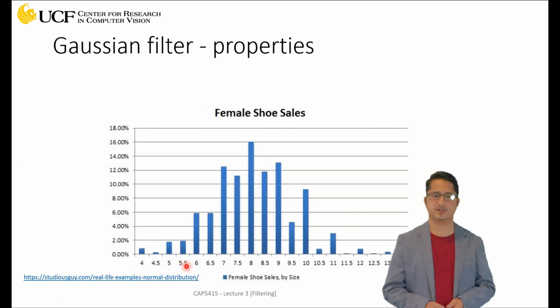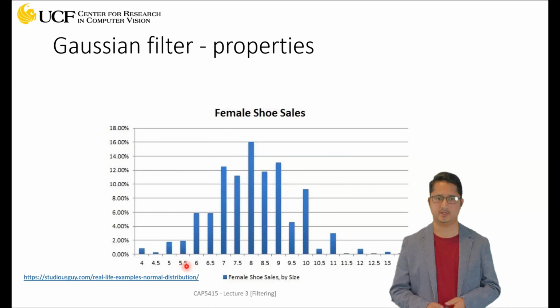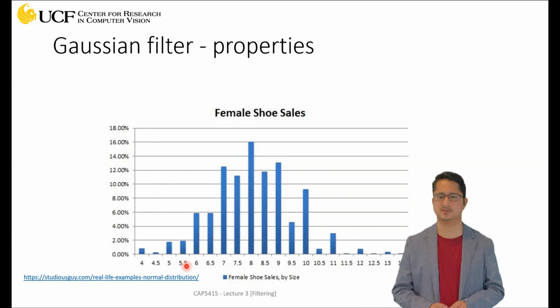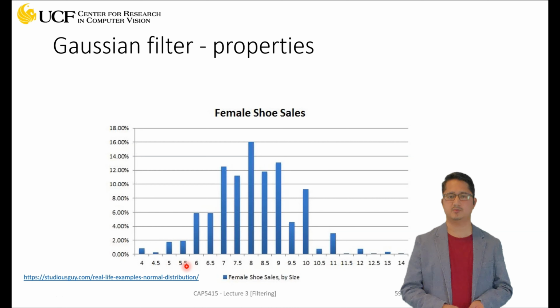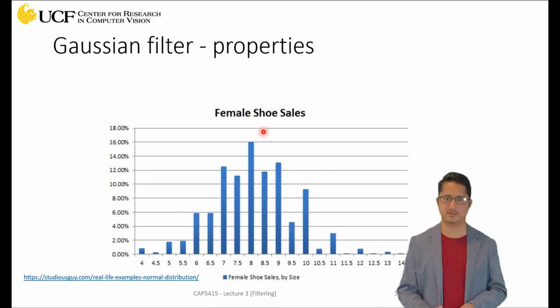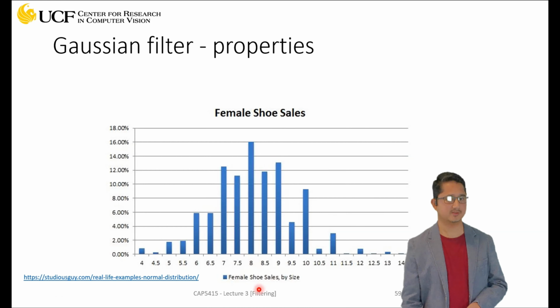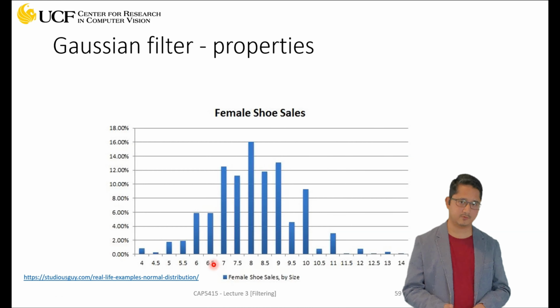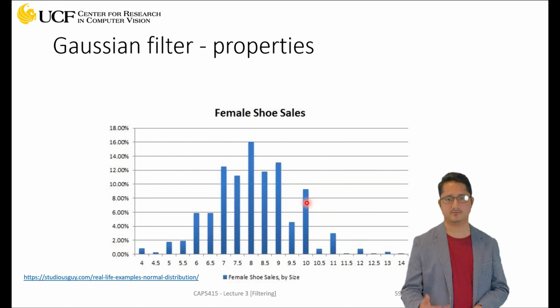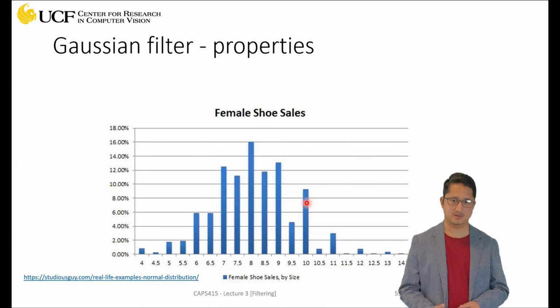You will see Gaussians coming up again and again in your statistics course. In your probability course, you might have seen this a lot. One simple example, like the plot I'm showing here: even in the class, if we take all the female students and try to measure the shoe size for them, and you plot a histogram for that, it's going to be a Gaussian. This is just one example, but if you take enough samples, it will look exactly like a Gaussian.